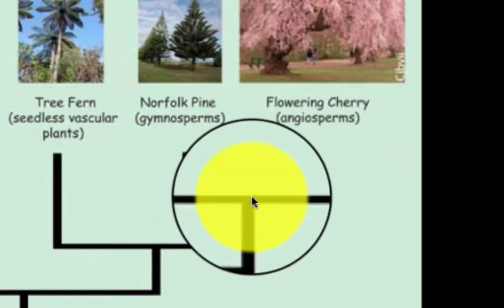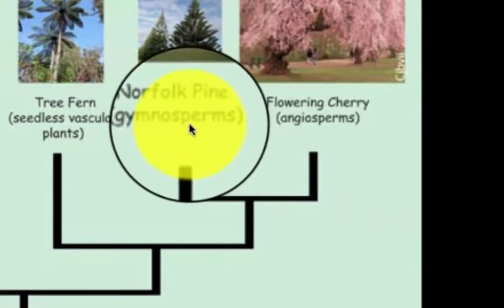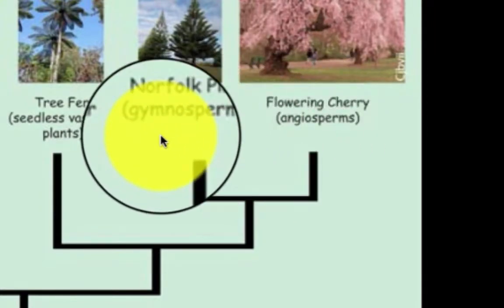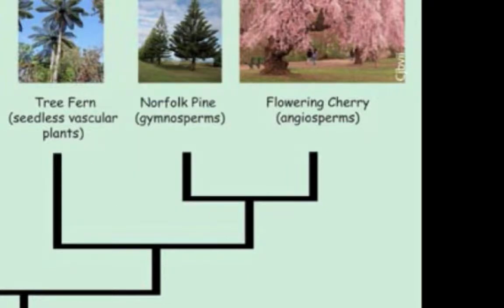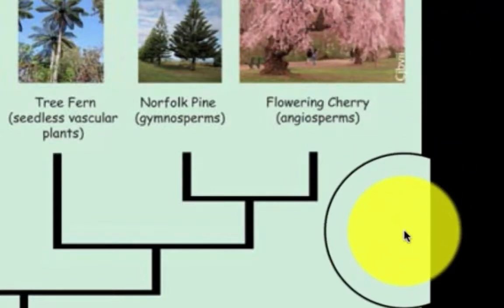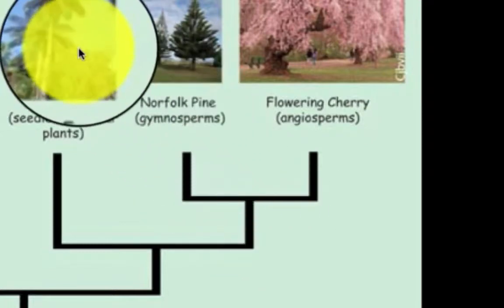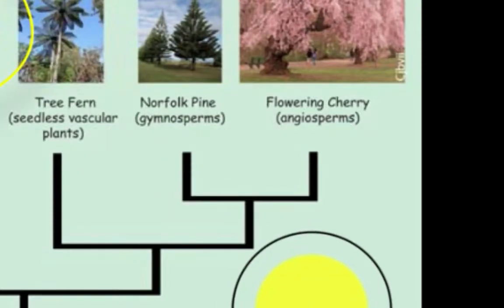And then later on, it split between gymnosperms and angiosperms. Gymnosperms are just cone-bearing plants, so they have no flowers. And then you have angiosperms, which are flowering plants. Most of the plants we deal with on an everyday basis are flowering plants, and they're really important because we eat a lot of them. But I'll give you an example later on of some ferns that are also edible.